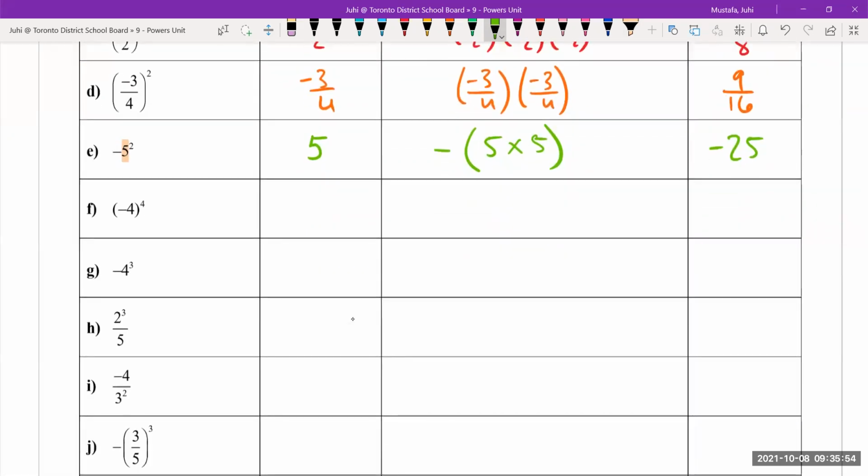Sirsha, next one. Good job. Now, question G looks almost identical, but there's something you need to deal with. Ari?